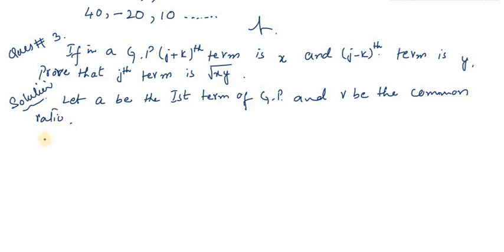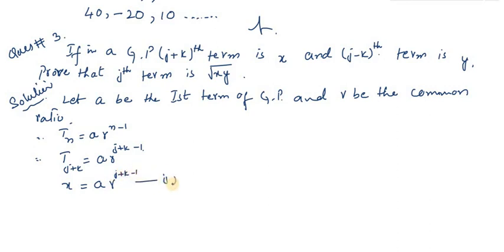We know that the general term formula is T sub n equals A R to the power n minus 1. According to the given condition, the J plus K term is X. So n is J plus K, R to the power J plus K minus 1, that is the value of n minus 1. And the J plus K term is X, so X is equal to A R to the power J plus K minus 1. This we call equation number 1.